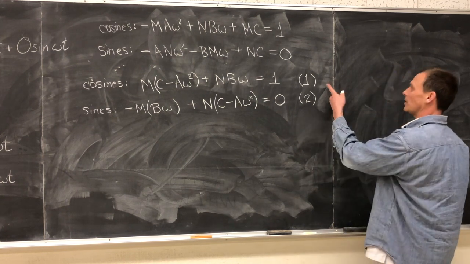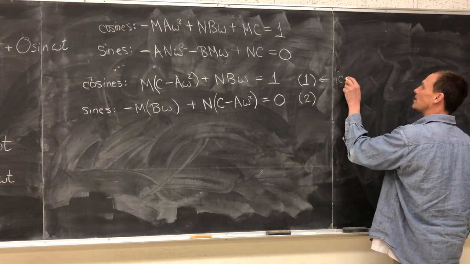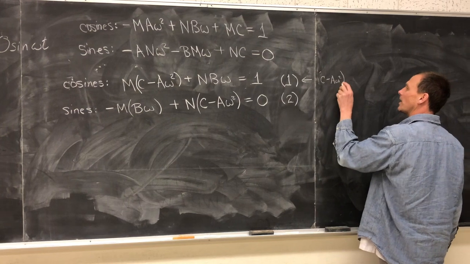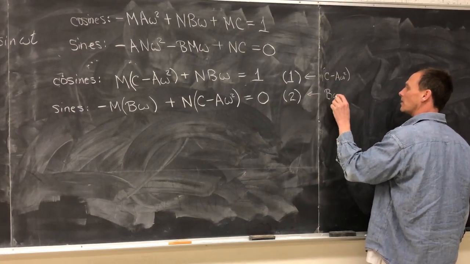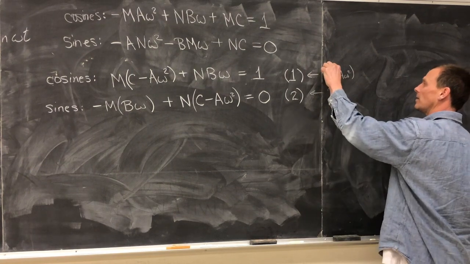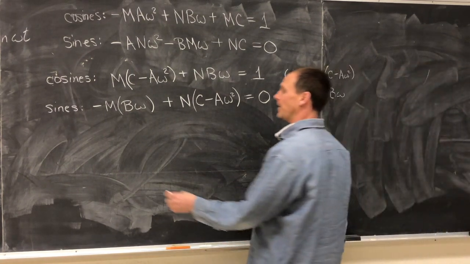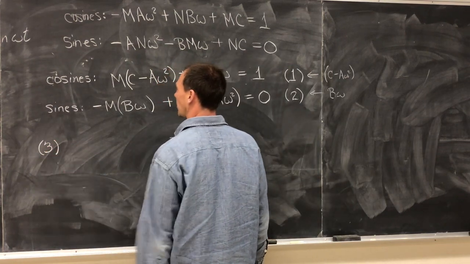And so let's do that. I'm going to take equation 1 and multiply it by c minus a omega squared, and the second equation times b omega. And then we'll subtract. So here we go. I'm going to call these results equation 3 and equation 4.